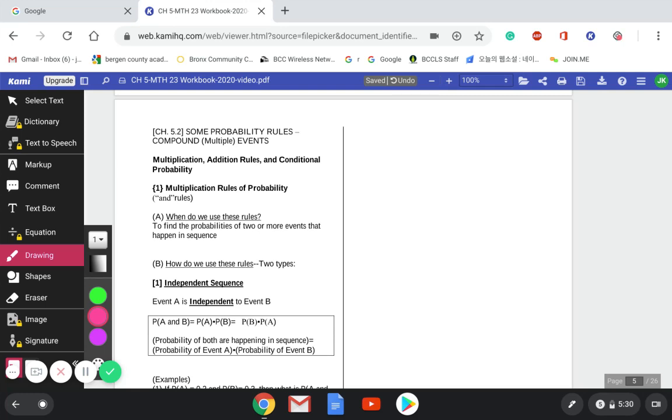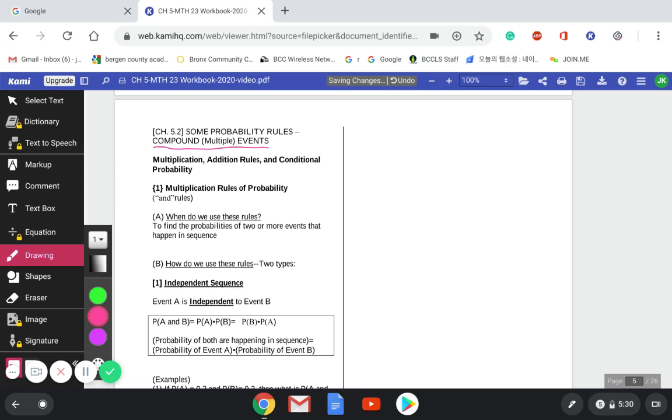Now, chapter point 2 is some probability rules on multiple events. That means more than one event happening next to each other, or what we call compound events.